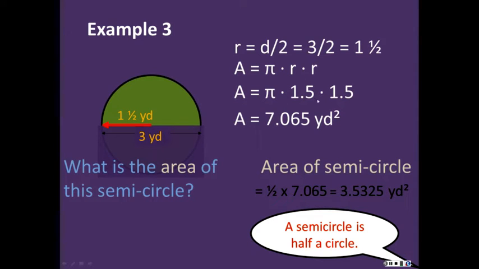We have 1.5 times 1.5. We get 7.065. But since I need the semicircle, this gives me the full area of the circle. We have to divide that by 2. And the semicircle is 3.5325 yards squared. Any questions on how to do a semicircle?